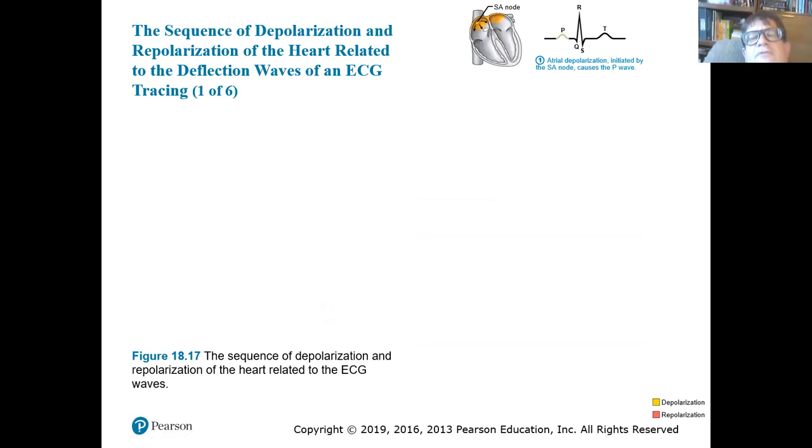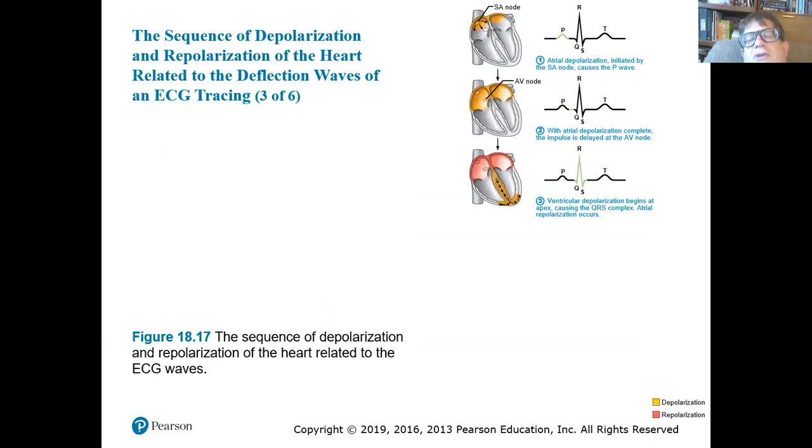And to avoid confusion, I'll let you know this orangey yellow color, that's showing depolarization. The red is showing repolarization. And what they're doing is showing you what's happening here, and they've highlighted the part.